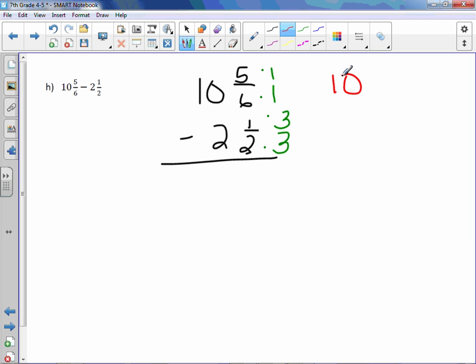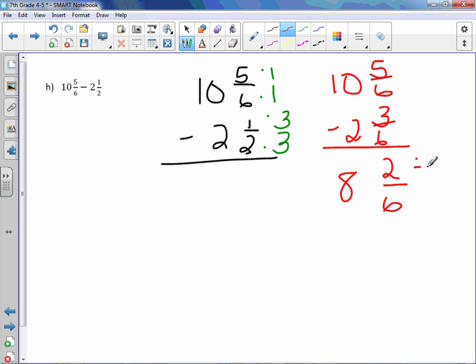And we get 10 and 5 over 6 minus 2 and 3 over 6. 5 over 6 minus 3 over 6 is 2 over 6. And 10 minus 2 is 8. Reduce 2 over 6 by dividing numerator and denominator by 2. And you get a final difference of 8 and 1/3.